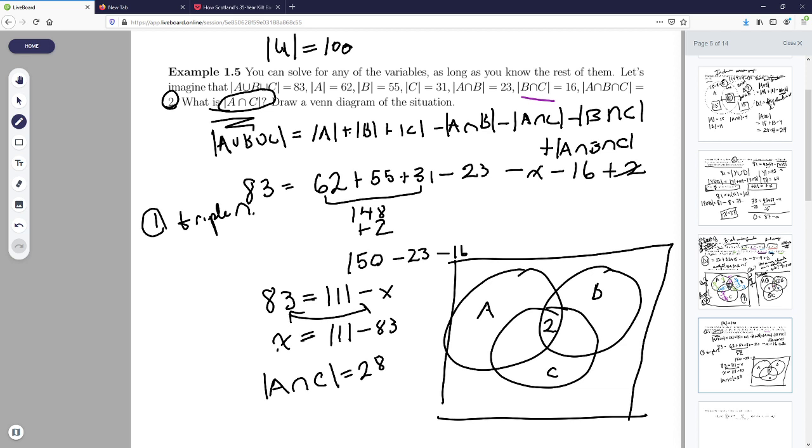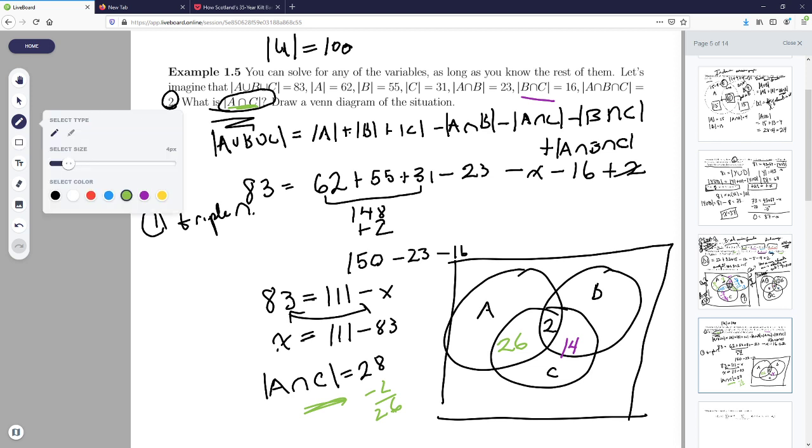So this is 16 minus 2, so 14. Let's make A intersection C green. So this is 26, because we have to subtract off 2. And let's make this one blue. So 23 minus 2 is 21.